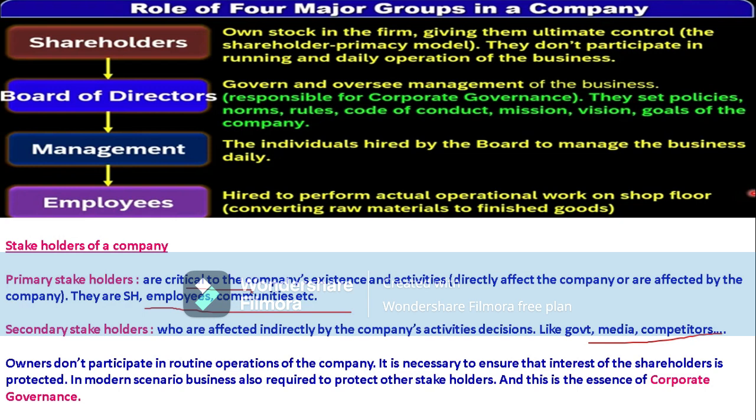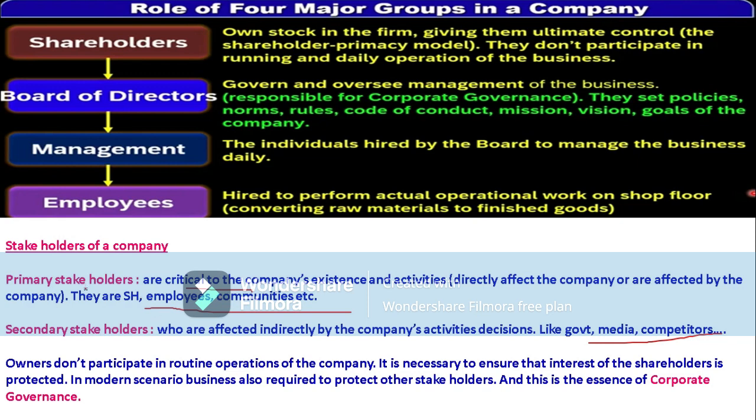Why? Because they are directly involved in the organizational activities. So who are those persons? They affect the company directly. Okay, so these shareholders affect the company directly and are also affected by the company. In case of losses, for example, stockholders and employees will be affected.